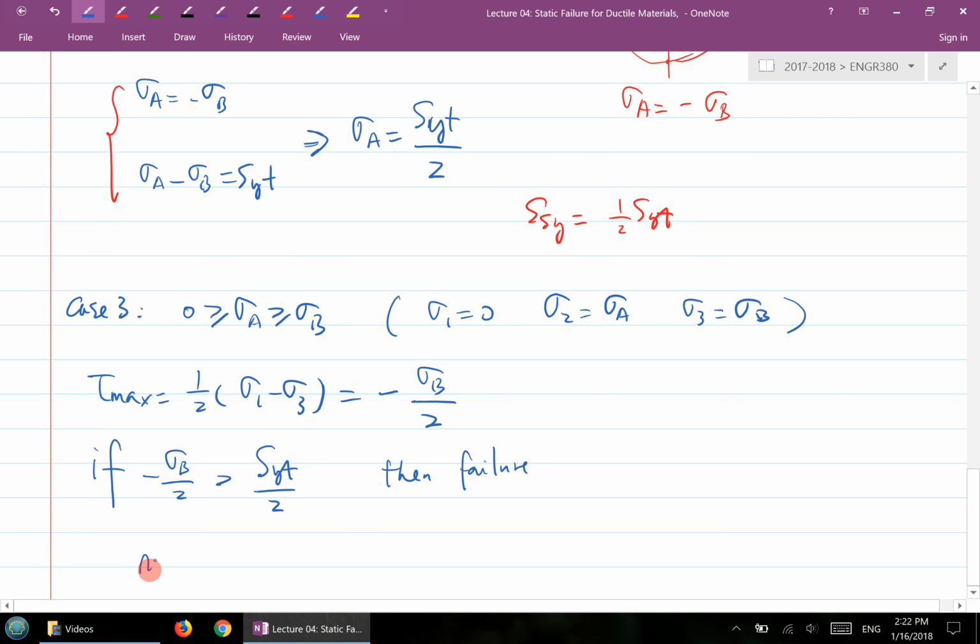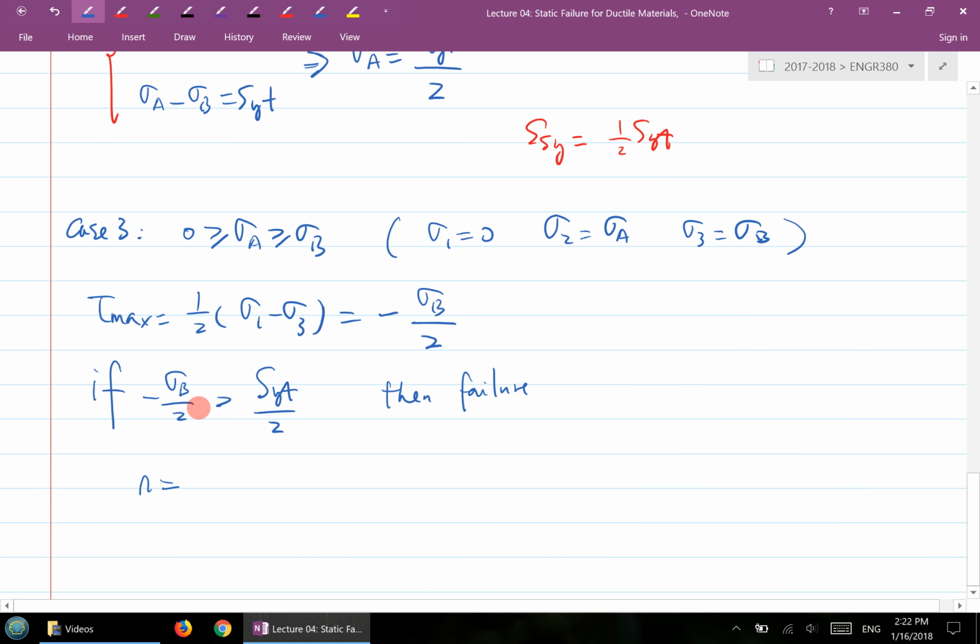The safety factor will be a comparison between the strength over the stress, or negative SYT over sigma B. Very similar approach as case 1 and 2. When n equals 1, which is the boundary, you get sigma B equal to negative SYT. So that's the boundary here.